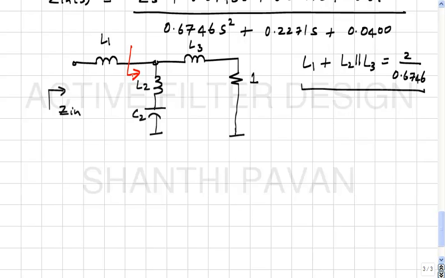All right, and we got L1 by equating the impedance. Earlier, Zn of S was given by SL1 plus Zn1 of S, at S equal to infinity.